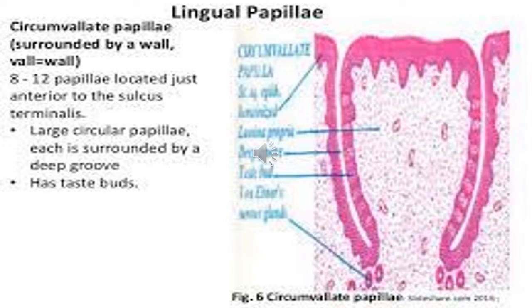All lingual papilla except the filiform papilla bear taste buds and thus they play an important role in the perception of taste of materials taken into the mouth. So this completes the lingual papilla, their shape, location, and function.